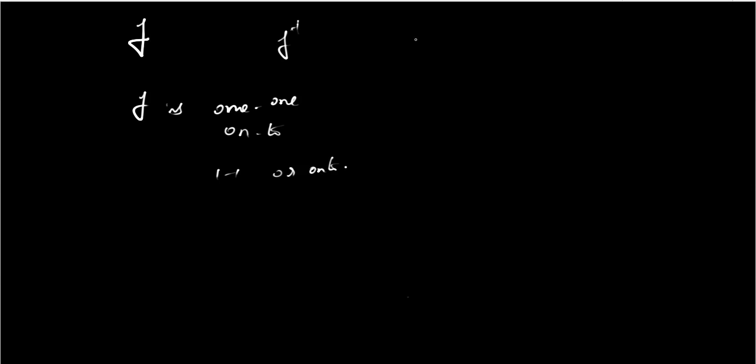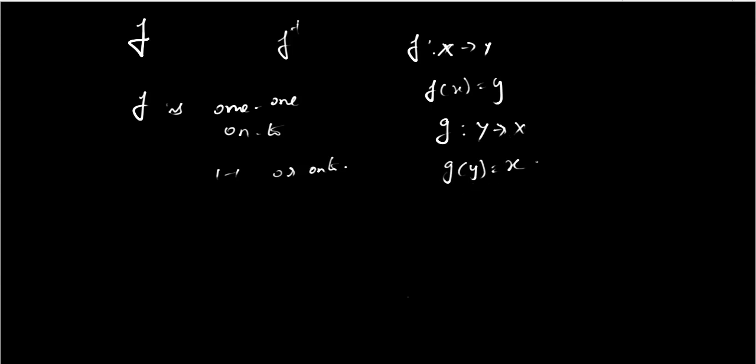So if we take the function f from X to Y such that f of x is equal to y, then we define a unique function g from Y to X, such that g of y equals x. Here x belongs to X and y belongs to Y, such that the domain of f becomes the range of g and the range of f becomes the domain of g.